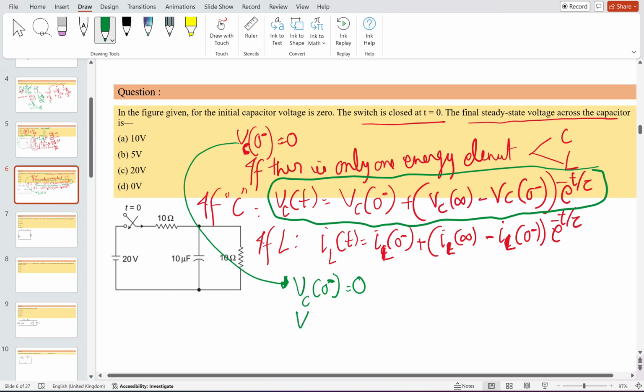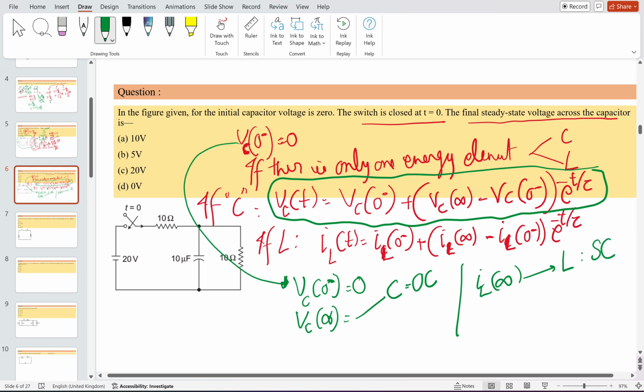Then how to find the value of Vc(infinity) under the steady state operation? Under steady state, always assume the capacitor as open circuited. Suppose it is an inductor, what is the value of IL(infinity)? Then assume the inductor as short circuit.